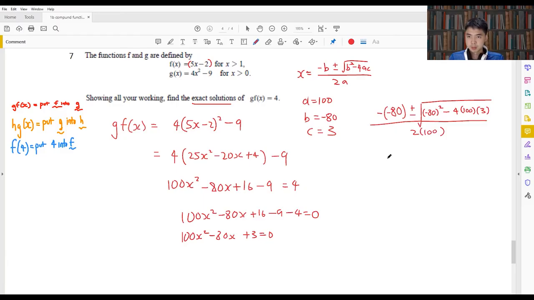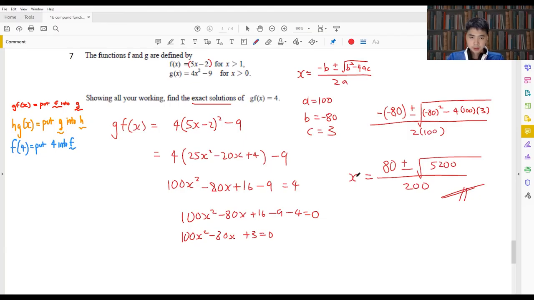Now, expand this bracket here and simplify all the numbers. You would have 80 plus minus the square root of, type this value into the calculator, you would have gotten 5,200, okay, over 200. And again, leaving your answer as it is would be the exact solutions. Okay, this will be your exact answer here for x is equals to this.